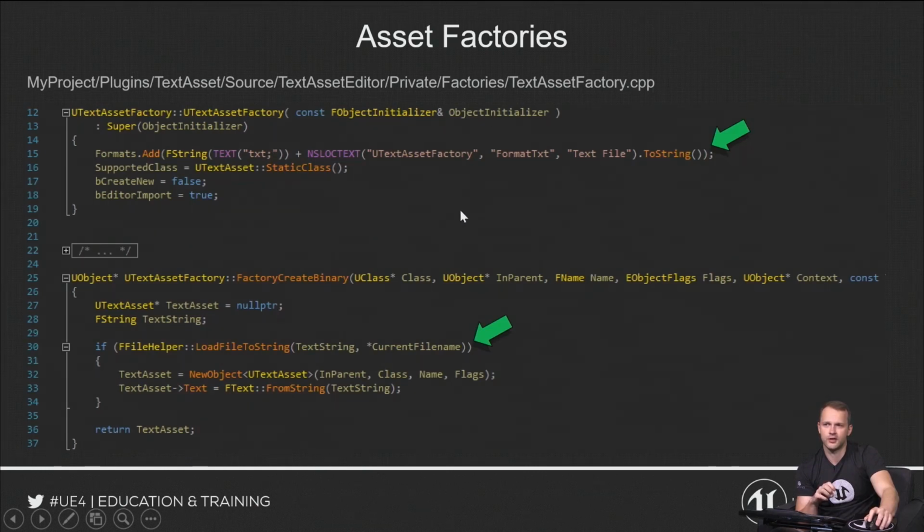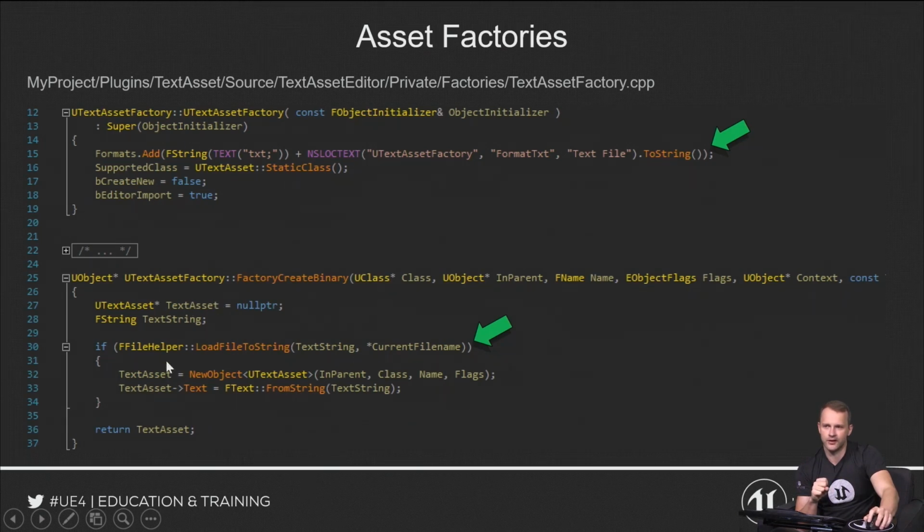Here's the implementation. It's very similar. Again, there's some initialization needed in the constructor. In this case, we need to tell the editor that this factory supports files with the file extension txt. And this time we have to change these flags and mark it as a drag and drop import factory.